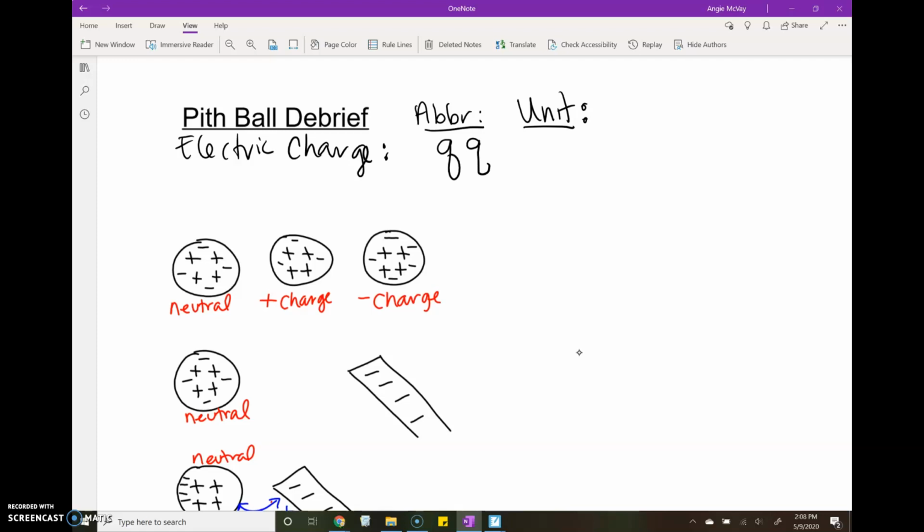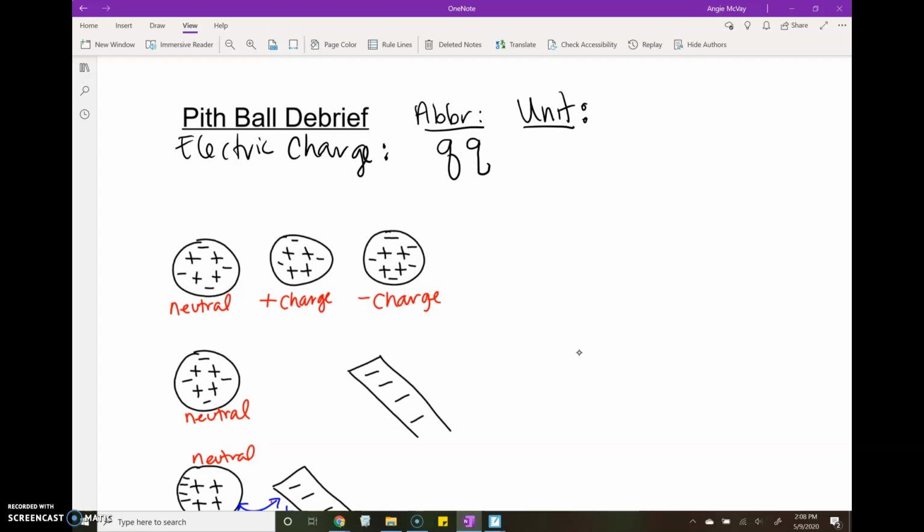You might see them drawn like this, something like that. So electric charge is a letter Q. Sometimes I use a capital Q and a lowercase q to differentiate between 2 charges, but Q is the letter that we're going to use for electric charge.